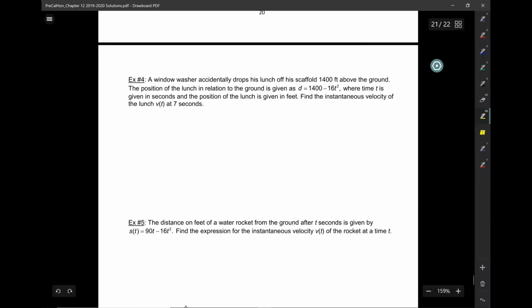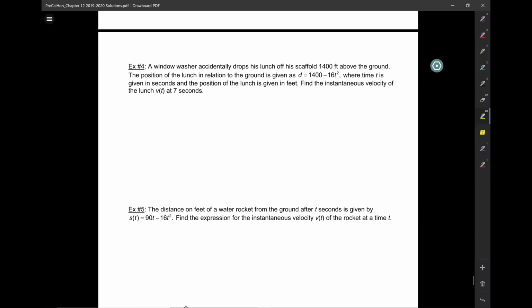A window washer accidentally drops his lunch off his scaffold. Poor guy, 1,400 feet above the ground. So this is where he is. If this is the ground, he's 1,400 feet up. You know, he's standing right there. And then the lunch bag just falls 1,400 feet.